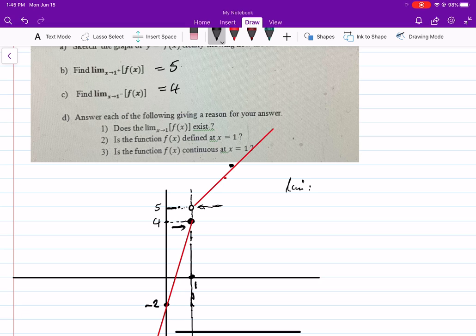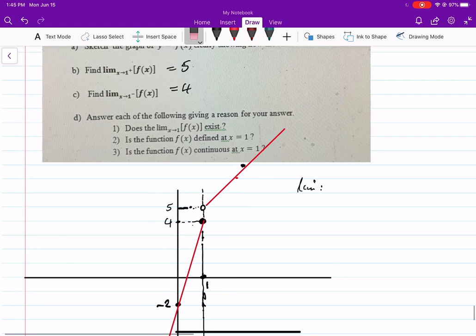When you're approaching from the left, the function approaches 4 and actually gets to 4. So the limit is 4. When you're approaching from the right, the function is approaching 5, but it never gets to 5. But the limit is still 5 because the limit is the value that the function approaches. I can't stress that point enough. So there.